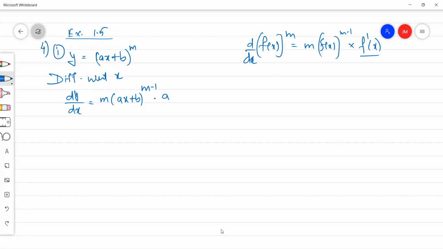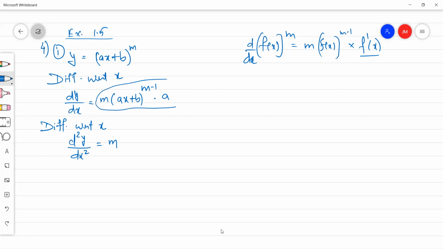So what you are noticing, students, is that this time along with these two, we are also getting a constant a being multiplied. Okay. See, next step, when I differentiate for the second time, what will happen? Differentiating with respect to x, you will get d2y upon dx2 is equal to, now see this m, and you are differentiating the whole thing.